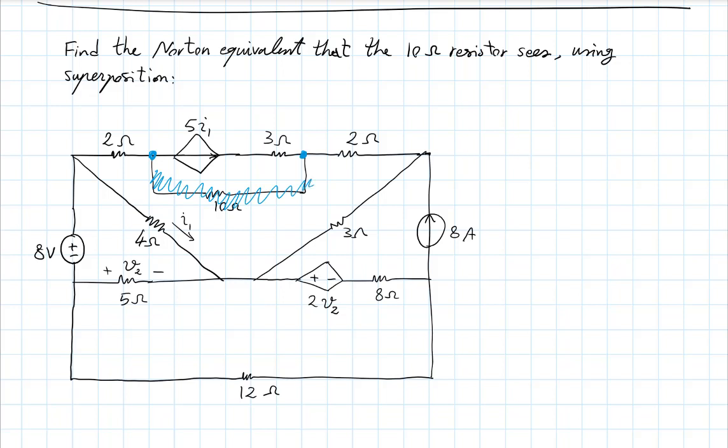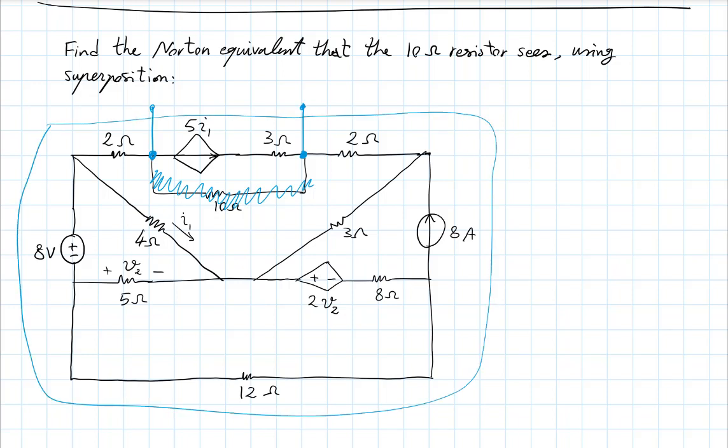I could have equivalently asked: what's the Norton equivalent between these 2 points without having included that 10 ohm resistor? It's very important to pay attention to the detail of what one is after. So really this is our box, excluding that 10 ohm resistor, and we are looking from the outside. So that's a key point to keep in mind.